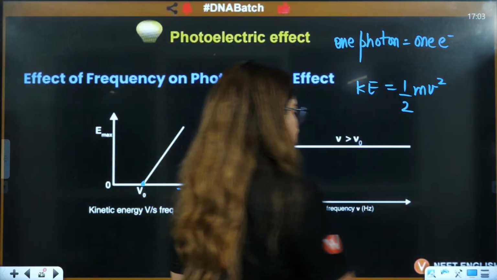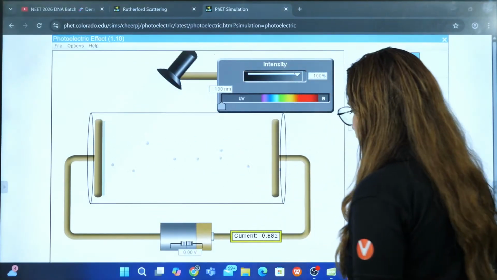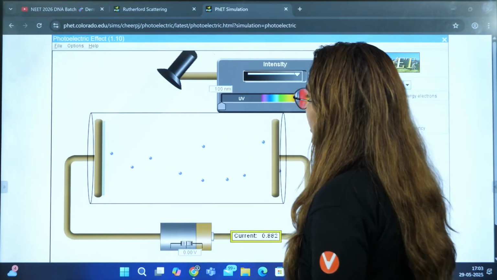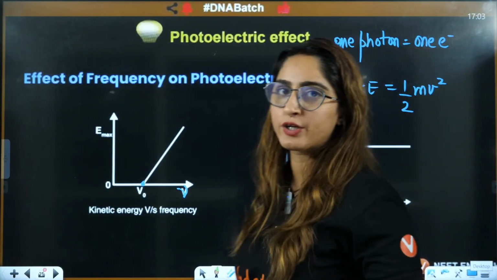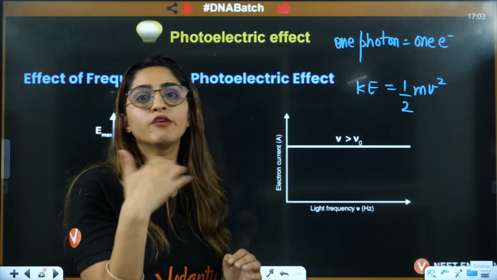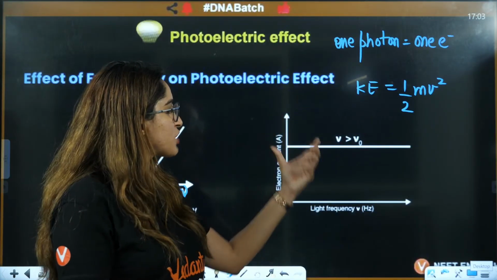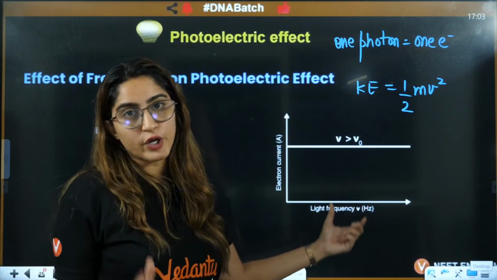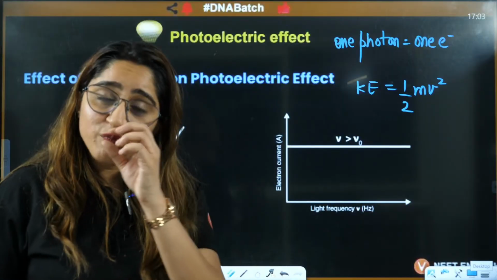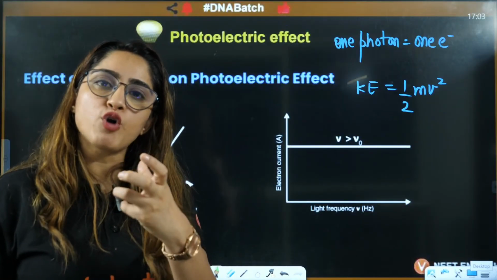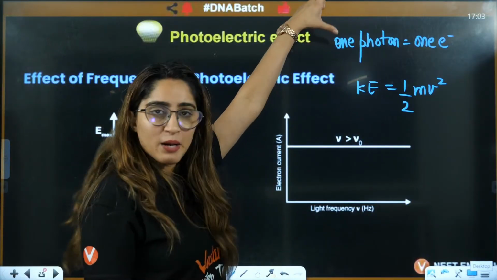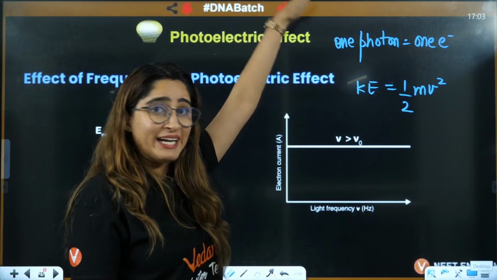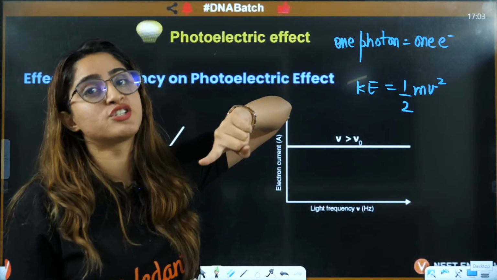That means, students, what I am telling you is that one photon will take out one electron. When you are increasing the frequency, still one photon will take out one electron only. Even if the frequency of this one photon is more, it can increase the kinetic energy.